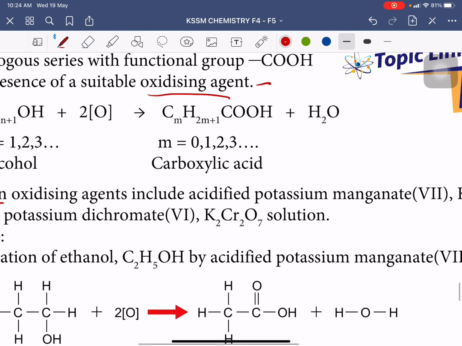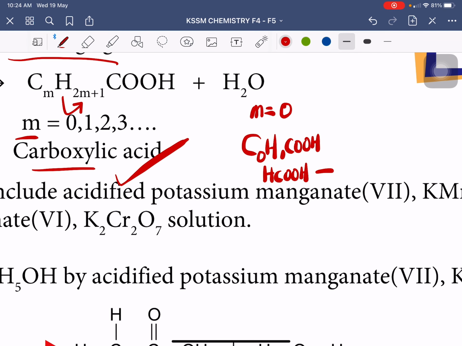Let us see how to put the formula for the carboxylic acid for the first, second and third member. For the first member, m is equal to 0, so the formula will be C0H2 times 0 plus 1 COOH. So actually this is the first chemical formula for carboxylic acid, which is called methanoic acid.